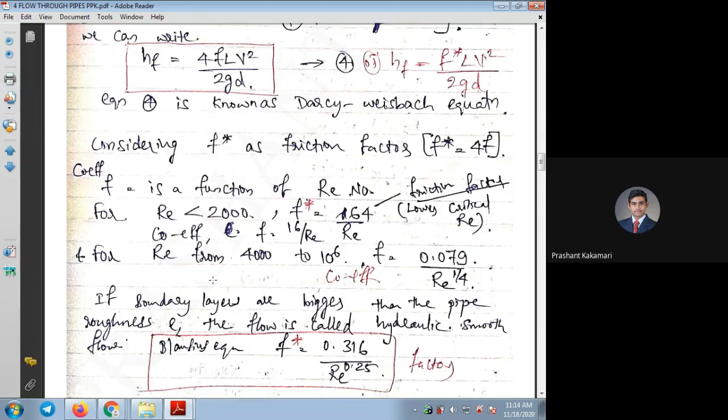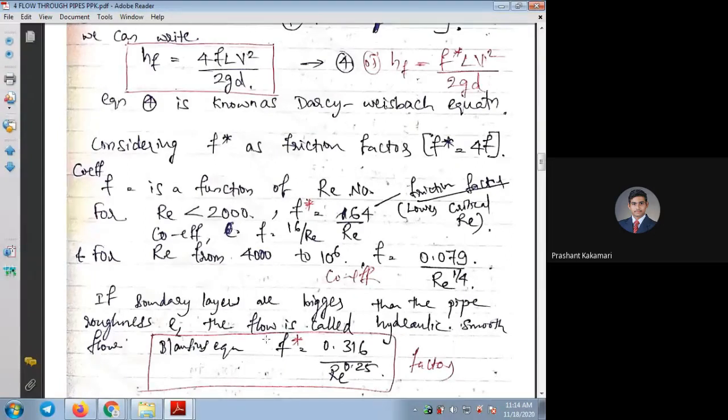And for Reynolds number from 4000 up to 10 to the power 6, the coefficient of friction f can be written as 0.079 by Re raised to 1 by 4. So these are just correlations. For a given pipe, if turbulent flow is there, we have found some correlations that we use directly, 0.079 by Re raised to 1 by 4. This is just for understanding.